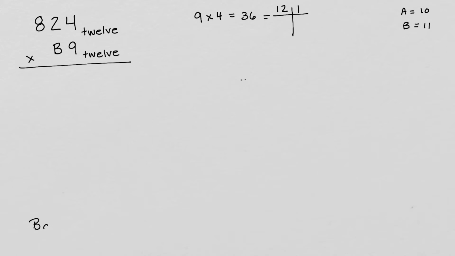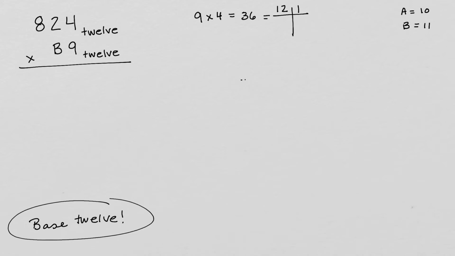Sometimes I'll just write it base 12, just to remember. Okay. So in 36 there's 3 groups of 12, and there's 0 left over. So I'm going to carry the 3, put the 0 down there. Then I have 9 times 2 plus 3, and that makes 21 in base 10. But in base 12, in the 1's place, let's see, that's 1 group of 12, and 21 minus 12 is 9.